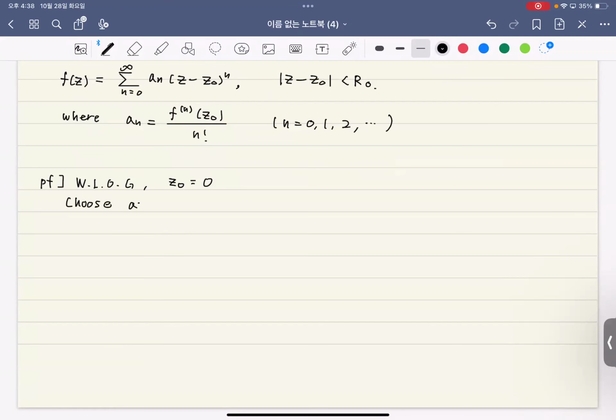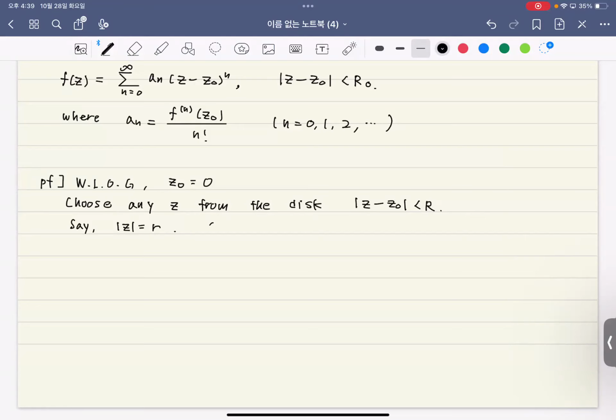We choose any z from the disk |z minus z0| less than R, inside of this circle of convergence. And let me say the distance between the center of the power series and the point is r.